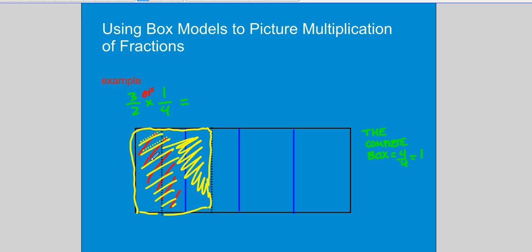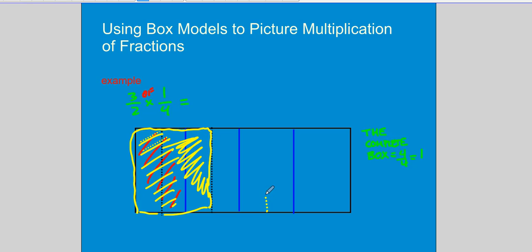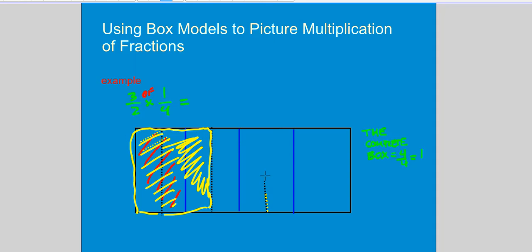So now notice I broke each fourth into halves. So I'm going to continue to do that. I want a line this time though. Back to lines. Okay, there we go. So I'm breaking each fourth into half.